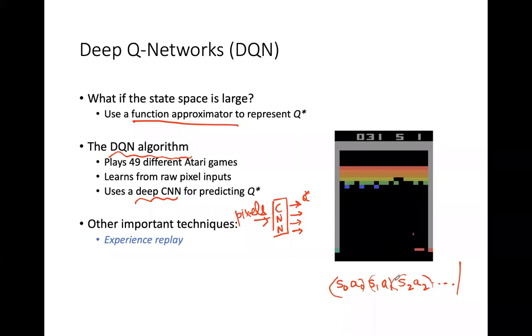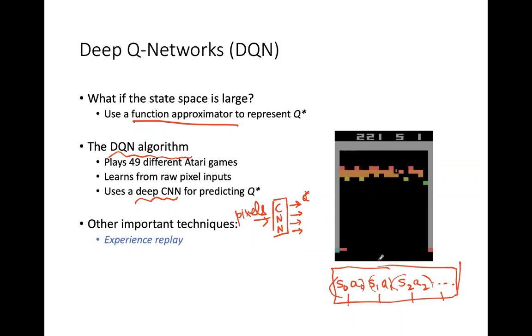The problem is this sequence tends to be heavily correlated, right? The state action pairs all come from a very narrow area of your training space, and the Q values are also all going to be very close to each other. So when you train a neural network on highly correlated data like this, your parameters can move in very dramatic directions, right?